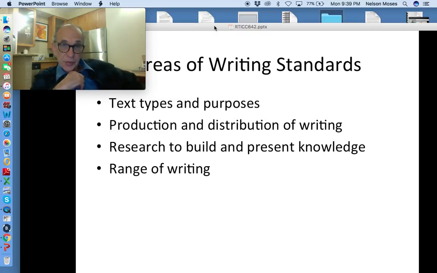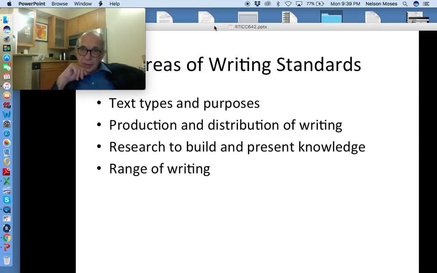Production and distribution of writing, and that includes through the computer, through the internet, and these days through Snapchat, and you have a president of the United States distributing typically his wrath through Twitter, etc. Production and distribution of writing, research to build and present knowledge, researching topics.